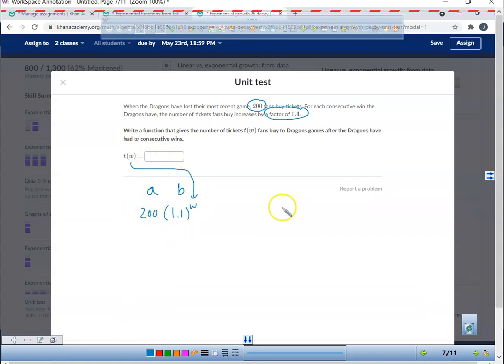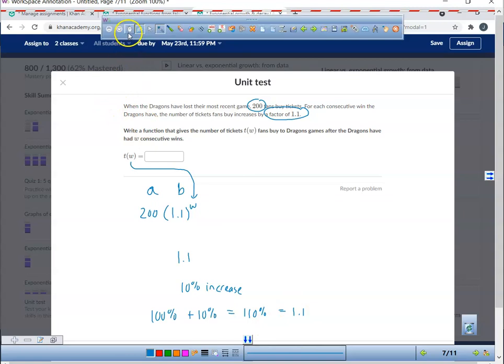Oh, just in case you're wondering, 1.1 means you have what's called a 10% increase. Okay, because 1 represents 100%, 0.1 represents 10%, and so that's how you get the 110%, and that decimal is 1.1. In case you're wondering how to change that to a percentage.